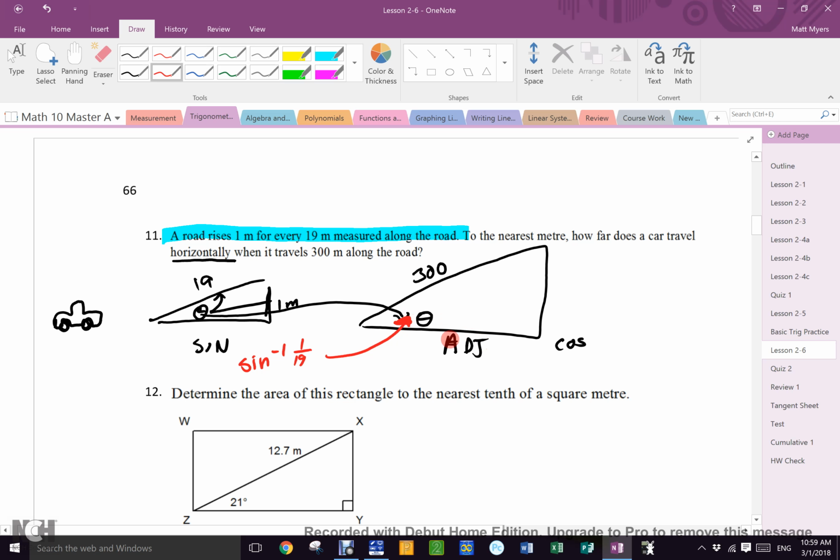And then over here, you're going to take that theta and you're going to work with cos. Cos theta equals A over 300. So 300 times cos theta will give me my adjacent.